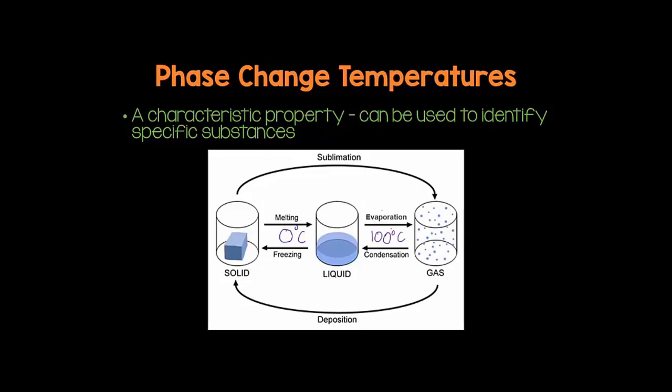But then if that gas gets away from the heat and it starts cooling down, when it cools down to 100 degrees Celsius and then moves below that, it's going to start condensing. But the only substance that boils or condenses at 100 degrees Celsius is water. So this is a characteristic property that can be used to identify water.